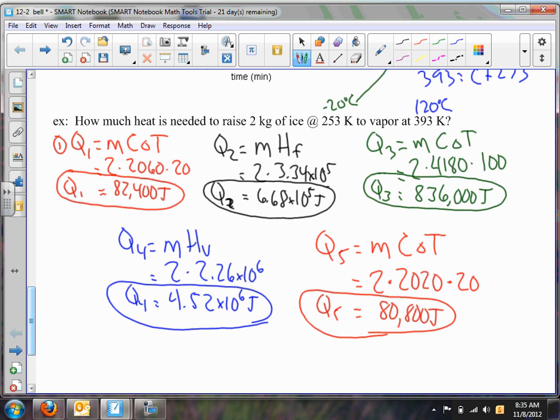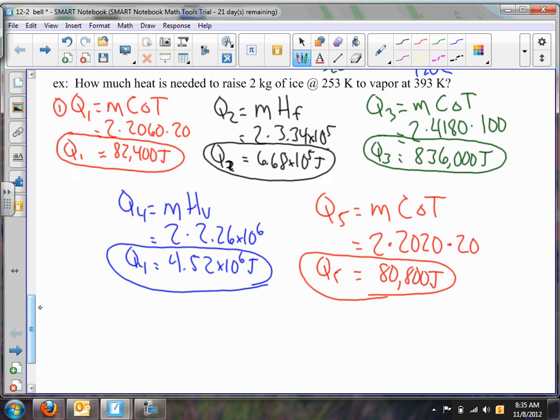So to answer this question, how much heat is needed to raise 2 kilograms of ice from negative 20 degrees Celsius to 120 degrees Celsius, you would have to take Q1 plus Q2 plus Q3 plus Q4 plus Q5 to give me my total amount of heat necessary.